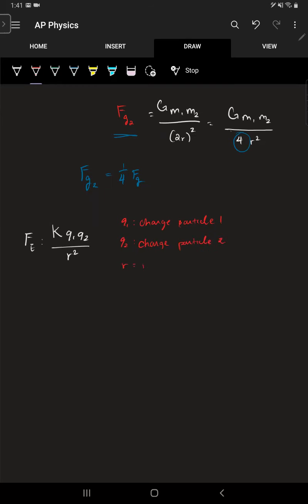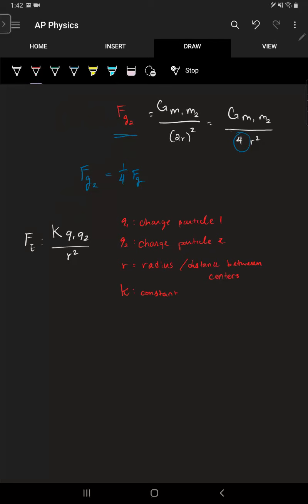R is still the radius or the distance between centers, right? And K is a constant, right? We call them constants because they don't change.